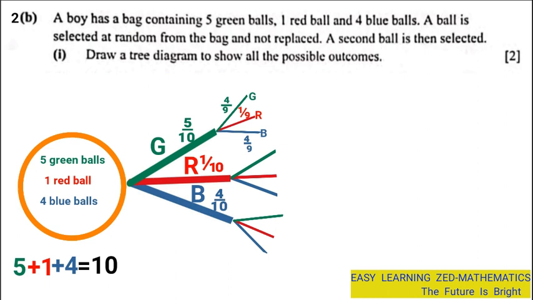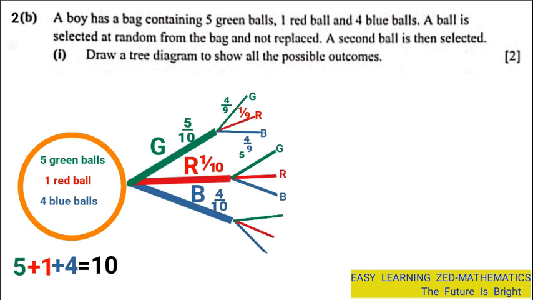Okay, so we are on the arm of red, so we are going to write green there and red and blue there. So what will be the probability of picking a green ball? Since a red ball was picked at first, that means the number of balls in the bag were reduced to 9. However, the number of green balls were not reduced, so that means in the bag we still have 5 green balls since a red ball was picked. So the probability of picking a green ball will be 5 over 9.